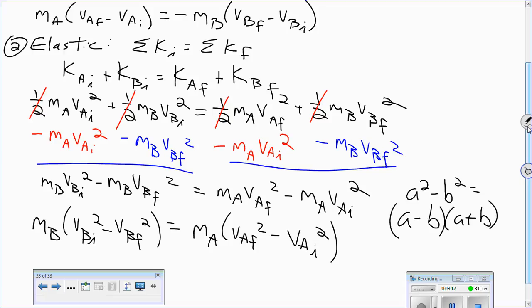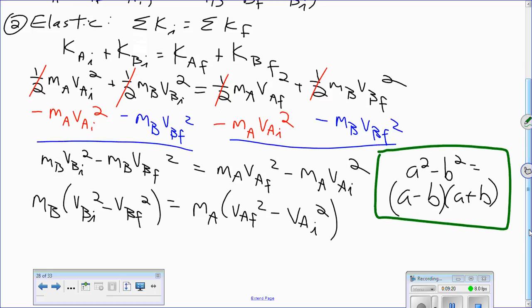So let's box this off just so we remember how we came to this conclusion. So this is going to become, oh, I did not want to change colors there.